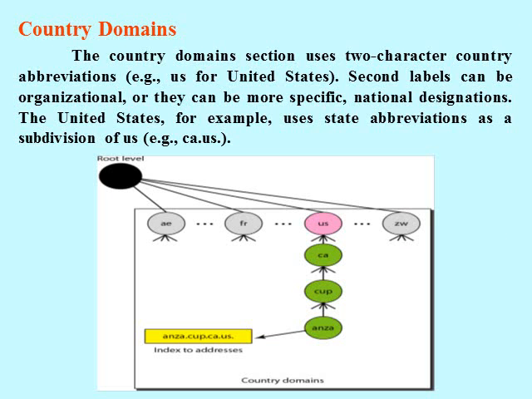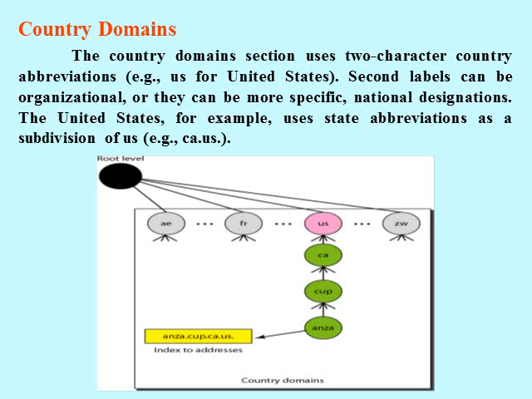Now the second domain is called the country domain. As its name indicates, it is used for naming different countries. This section uses two-character country abbreviations, for example US for United States and IN for India.